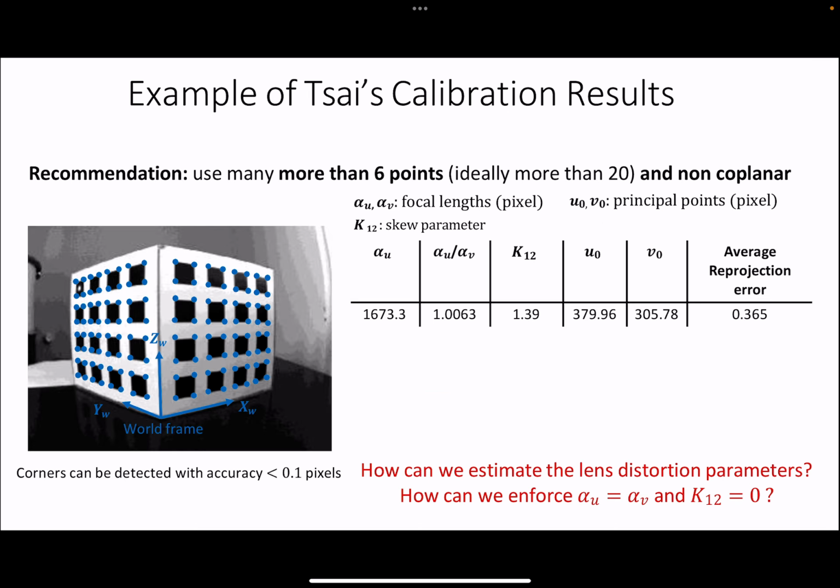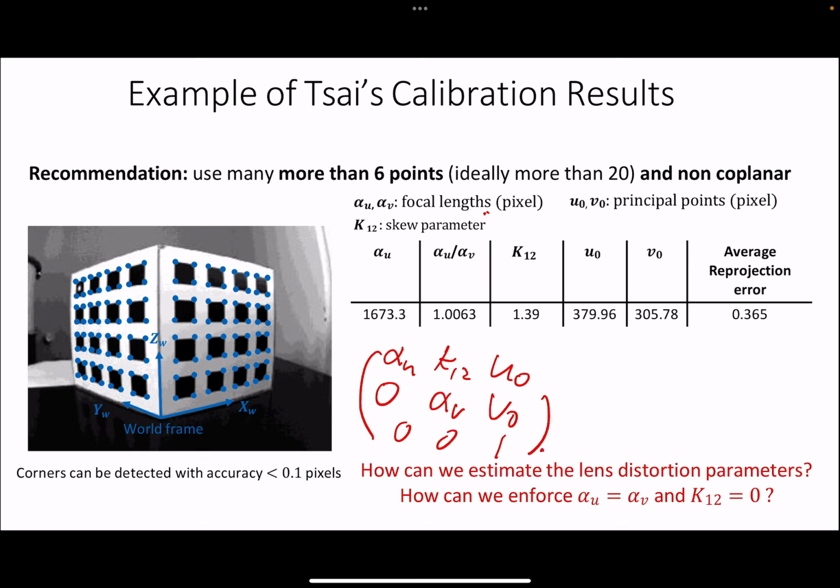And this is an example of a Zhang calibration result. So there are some notations. Alpha U and alpha V are focal lengths in the intrinsics, and K actually looks like alpha U, skew, U0, then alpha V, V0.